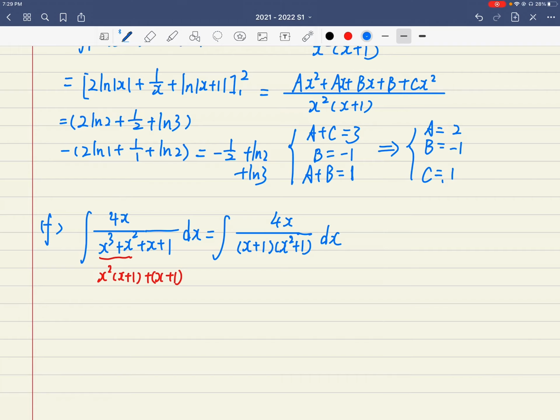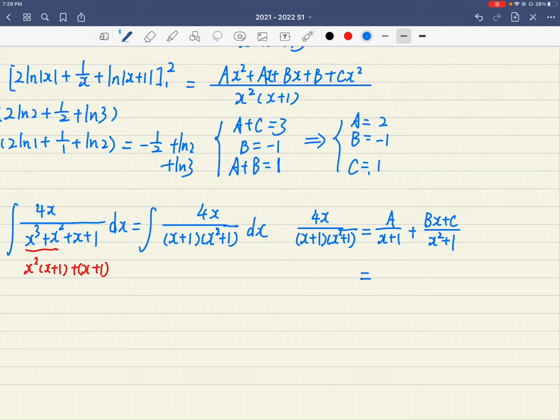Again, we should do the partial fraction. So your 4x over x plus 1 times x squared plus 1 should be written as a over x plus 1 plus bx plus c over x squared plus 1.